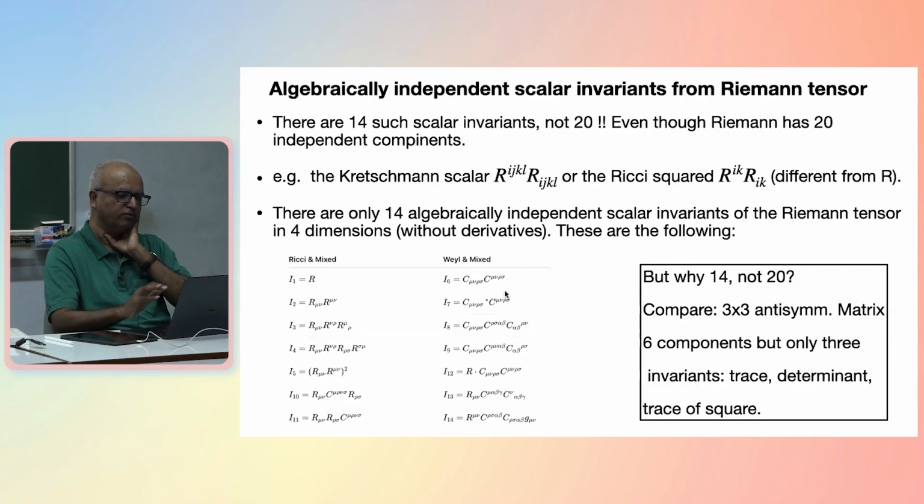It might be coming from some combination. Write Riemann as Ricci plus Weyl, and then make a scalar from that. I am sorry, I did not pay attention. I'll check it out. The Riemann must be getting made from some combination of these. So these are made only from Ricci, and mixed: Ricci times Weyl, and Weyl and mixed.